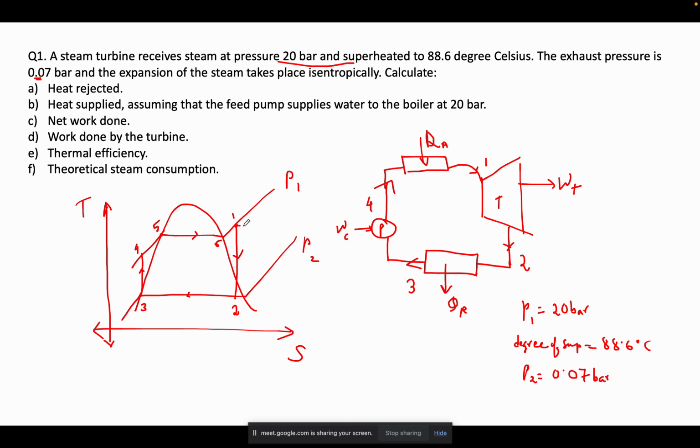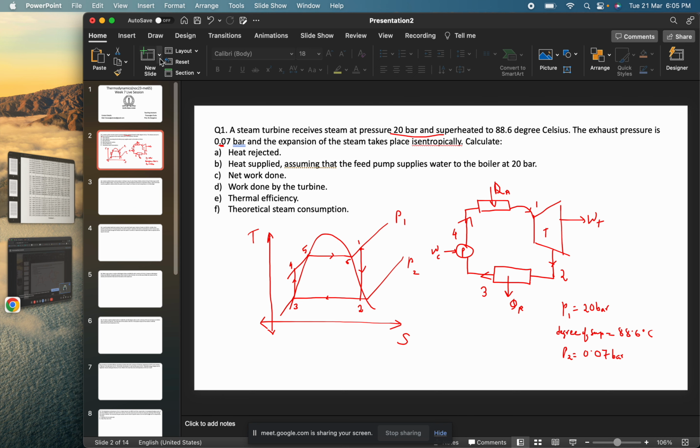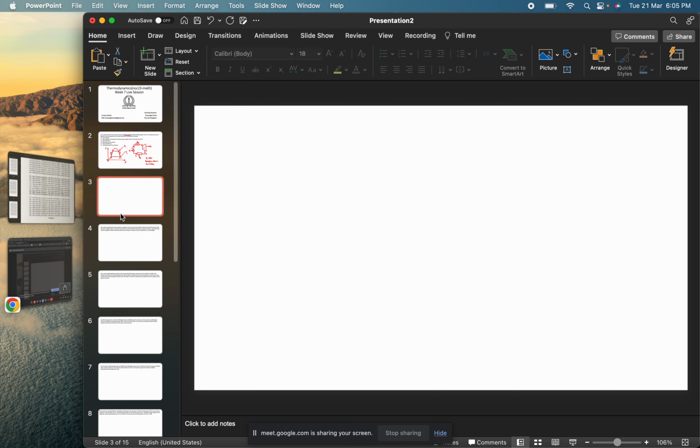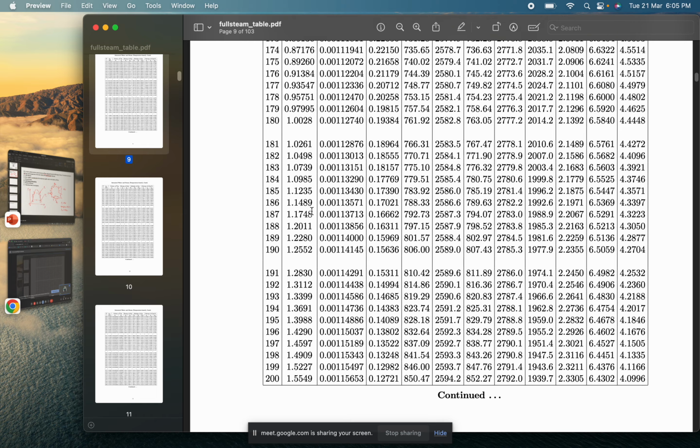For that we will require our steam table. Our first working pressure is 20 bar, so in our pressure table we have to look at 2 megapascal, because here everything is given in megapascal.